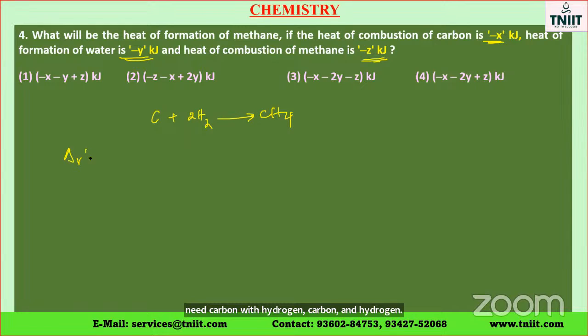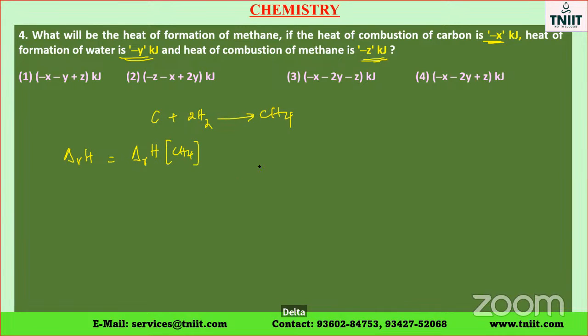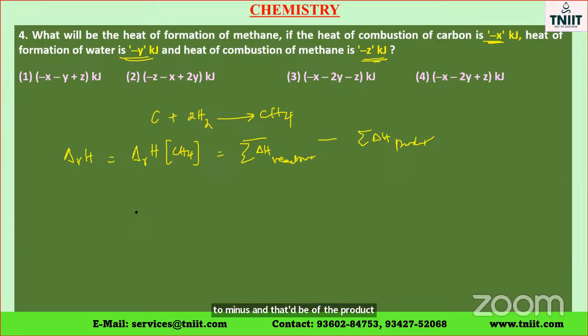So enthalpy of the reaction, delta H R, is equal to delta H of methane, that is equal to summation of enthalpy of reactants minus enthalpy of the products. Now we know that delta H of methane is equal to reactants. The reactants here are carbon and hydrogen.